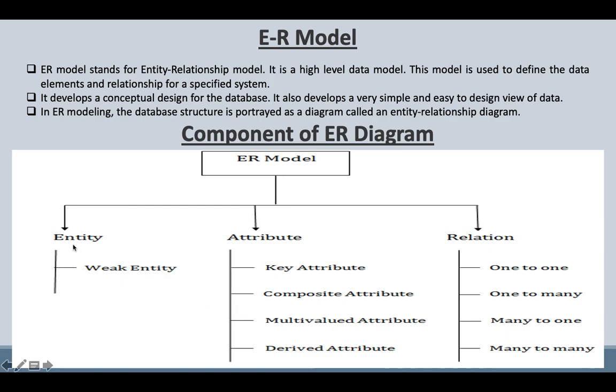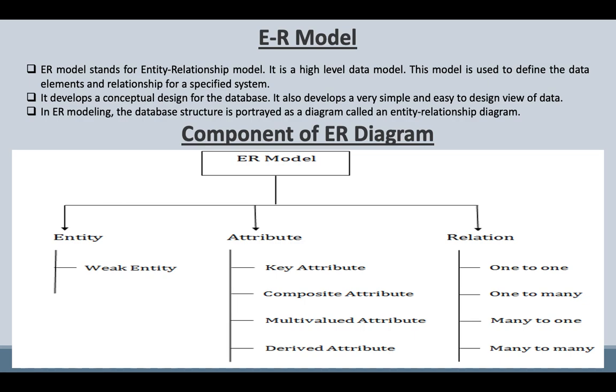So what are the components? The entity, right? Two types of entities are there: strong entity and weak entity, then attribute and relation. So these three are the components of the ER model. Attributes can be of different types: key attribute, composite attribute, multivalued attribute, derived attribute.